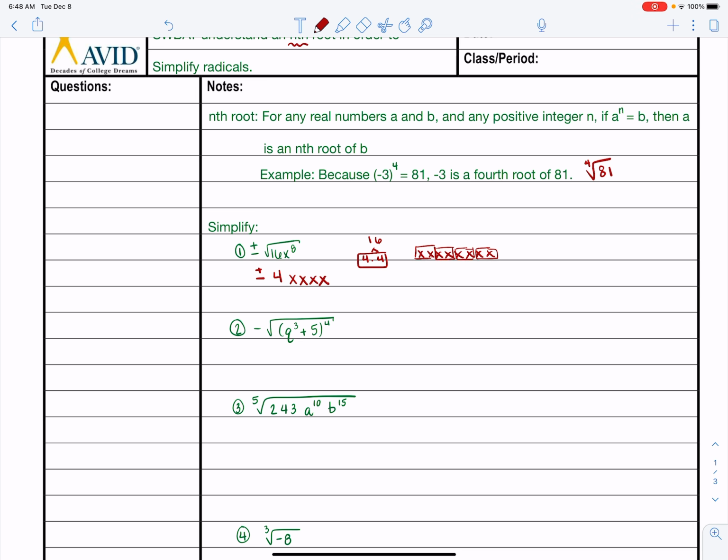Okay, but that doesn't look very good. So we're going to say it's plus or minus because they told us that. 4, x times x times x times x is x times itself 4 times, so it's x to the 4th power.